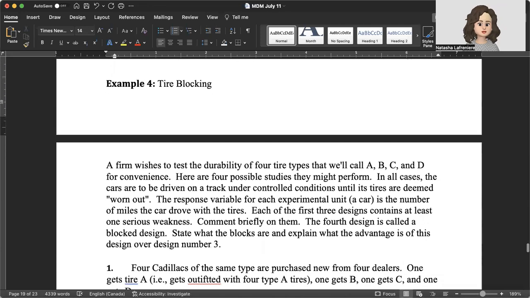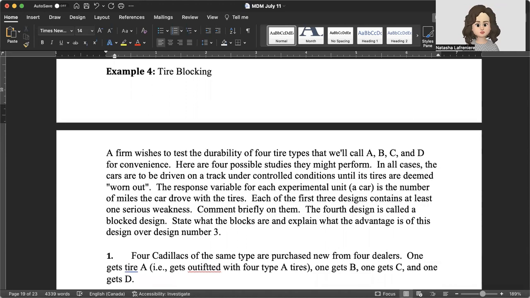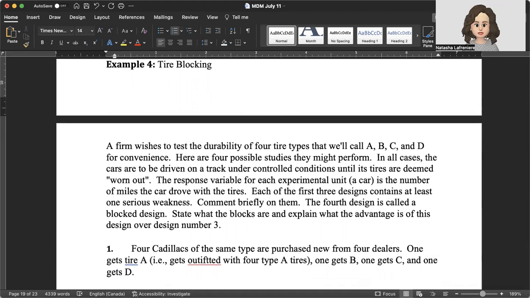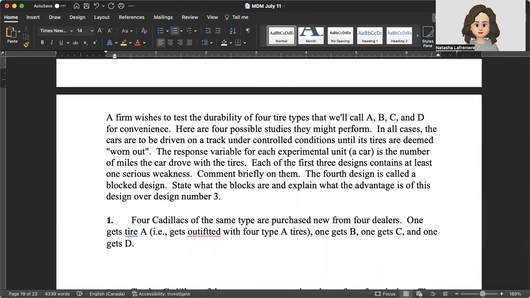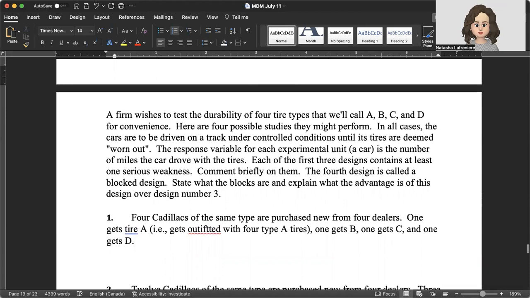So we've got example 4. A firm wishes to test the durability of 4 tire types that we'll call A, B, C, and D for convenience. Here are 4 possible studies that might be performed. In all cases, the cars are to be driven on a track under controlled conditions until their tires are deemed worn out.